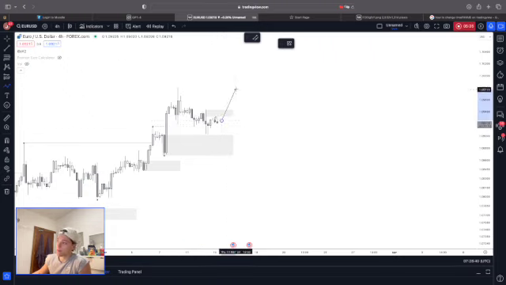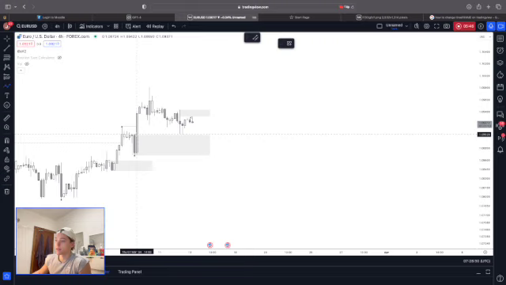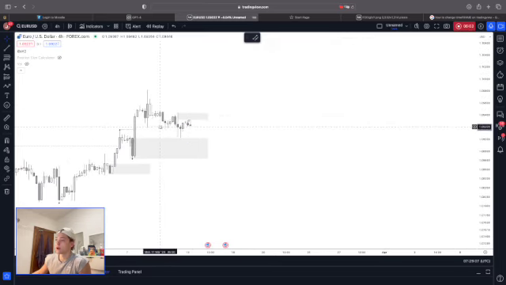However, for this session, we haven't mitigated this demand area, and we just front ran it. So what I want to see is shorts into this demand to then look for longs. This is my initial bias, playing quick shorts into this demand to then play longs.